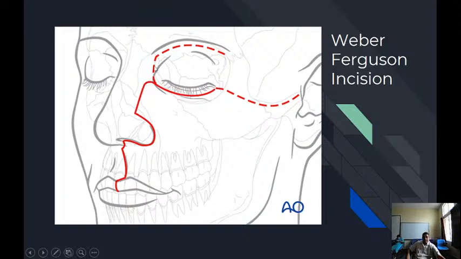Various incisions have been described. One of the popular ones is the Weber-Ferguson incision, which starts from just below the medial canthus, comes down along the lateral side of the nasal pyramid, encircles the lobule, and then comes to the center and splits the lip.